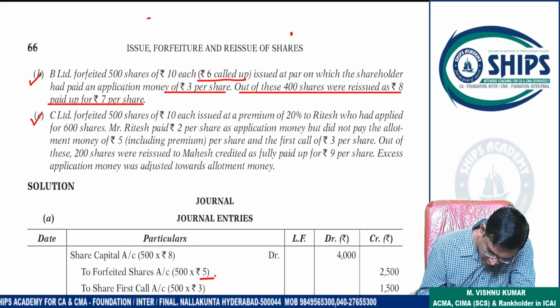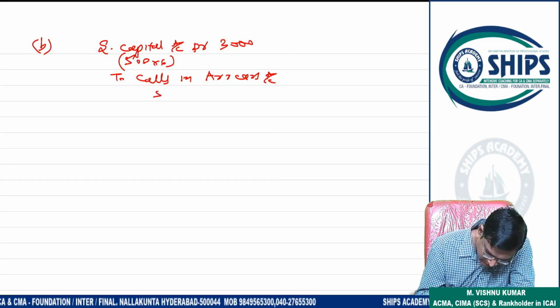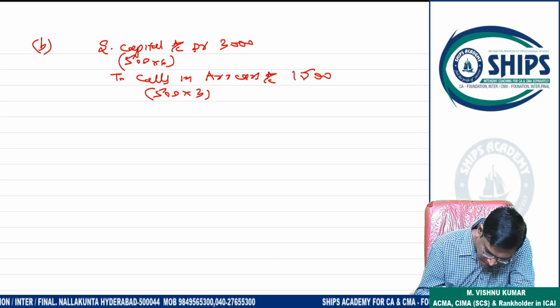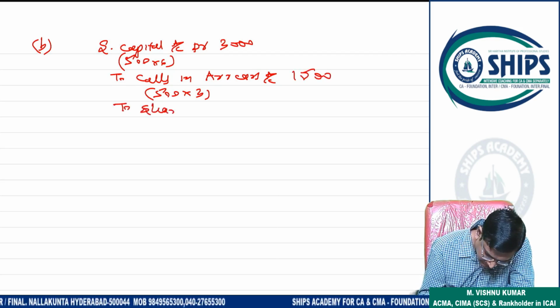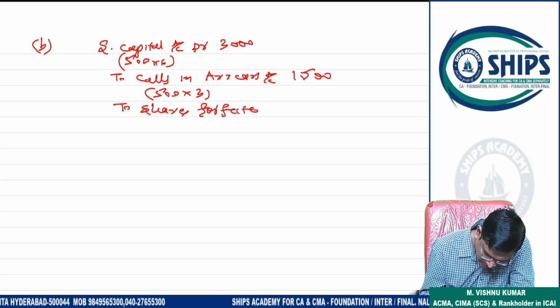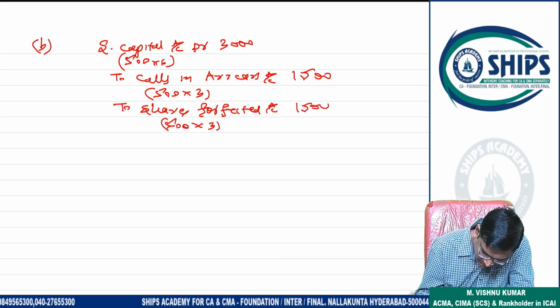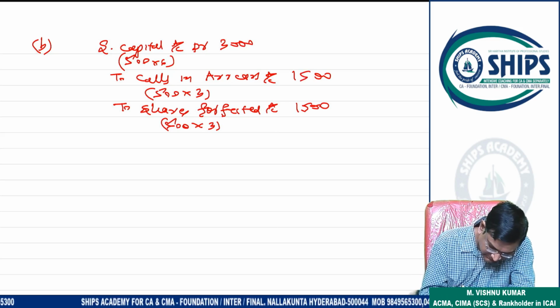So only application paid out of 6, 3 paid, so 3 not paid. So 500 into 3 not paid. To shares forfeited, 500 into 3.